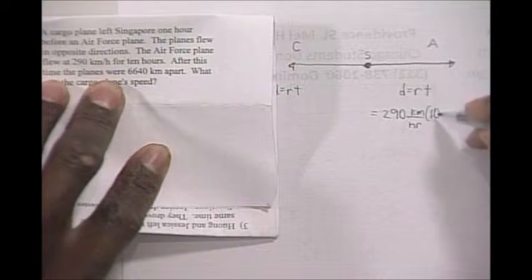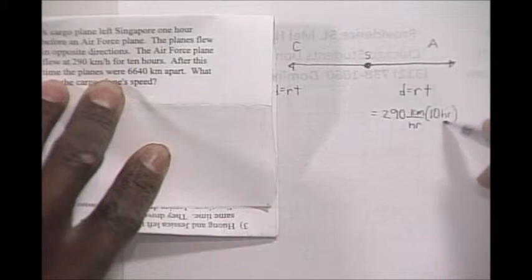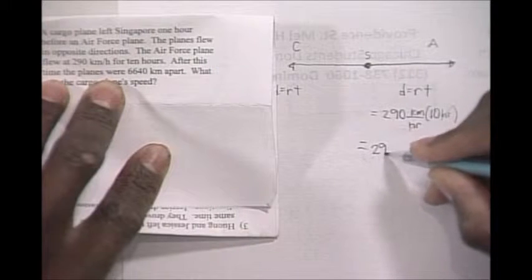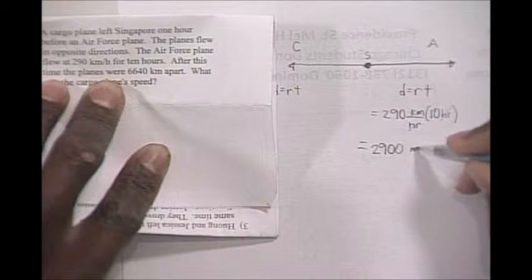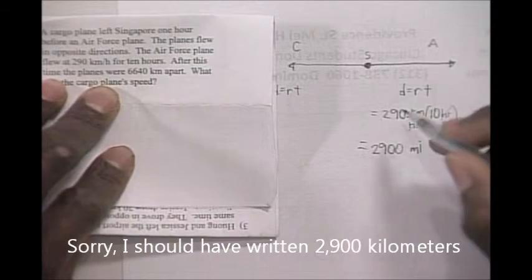Hours cancel. You're left with 2,900 kilometers. That was the distance that the Air Force plane traveled.